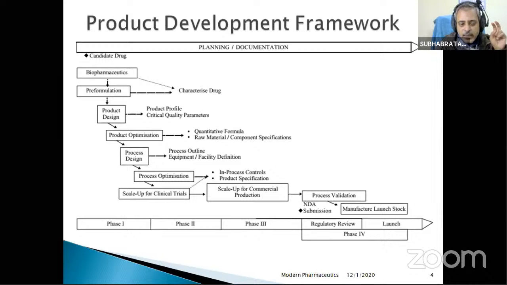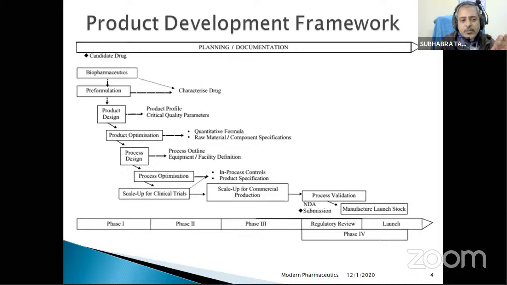Now in the 00 phase, we actually go for in vitro studies, biochemical studies, and in the single zero phase we usually go for animal studies. So during that also the company may try to develop the pre-formulation characteristics. But here again there is something, not always it is done. Why?